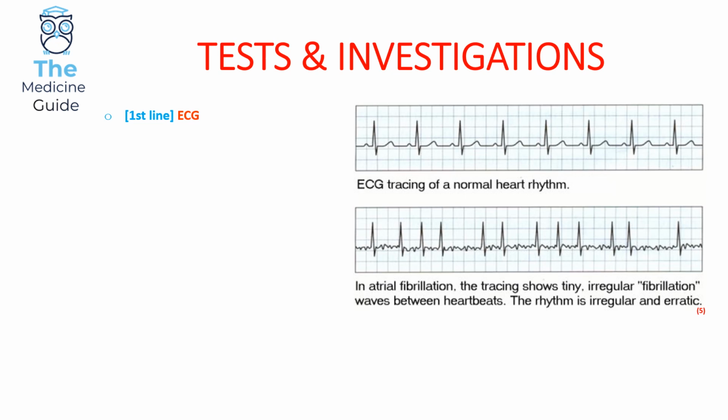It's not as though each complex will have an RR interval of 5 squares and then 4 squares and then 3 squares, and then the pattern will revert and begin once again. In atrial fibrillation, the distance between each RR interval can't be predicted. It's so irregular, and that's why it's known as irregularly irregular.